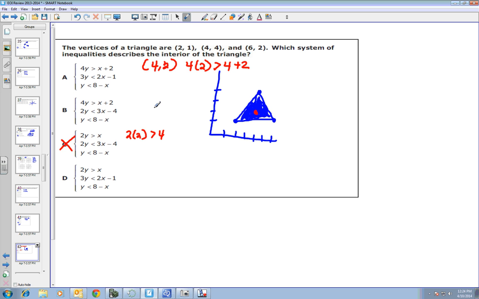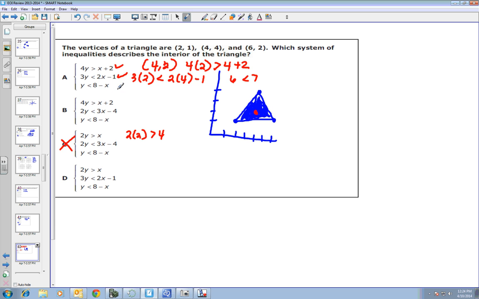That's true because 8 is greater than 6. So now that one checked out. Let's do the next one. 3 times 2 is less than 2 times 4 minus 1. So that's saying 6 is less than 7. Is that true? Okay, so that one worked.